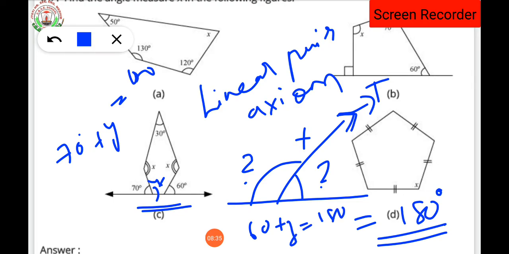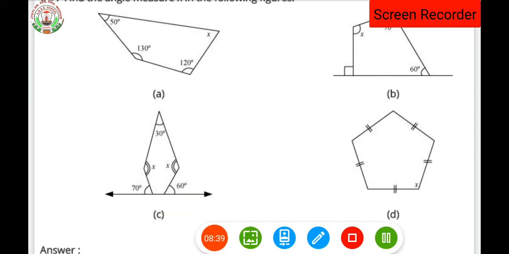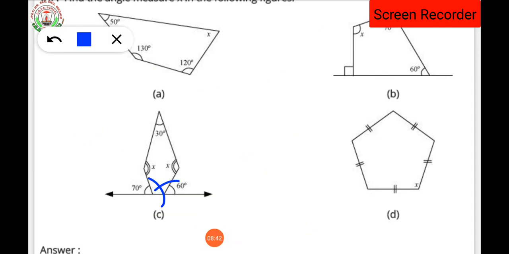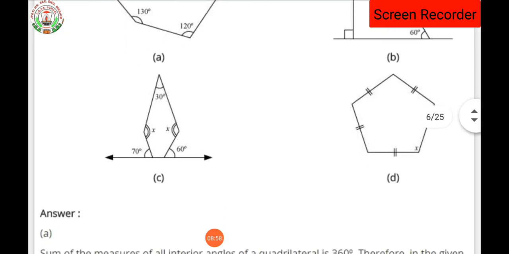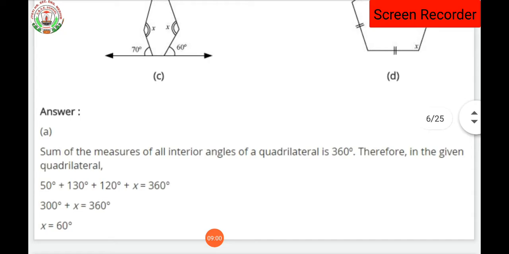So 180 degrees subtracted by 60 will be 120 degrees. Hence this and this interior angle we get as 110 and 120. The next one, isn't it? So adding these, we will get the required answer, as the figure is in the shape of a kite. Now look at the solution. This is the whole explanation of the question, student.